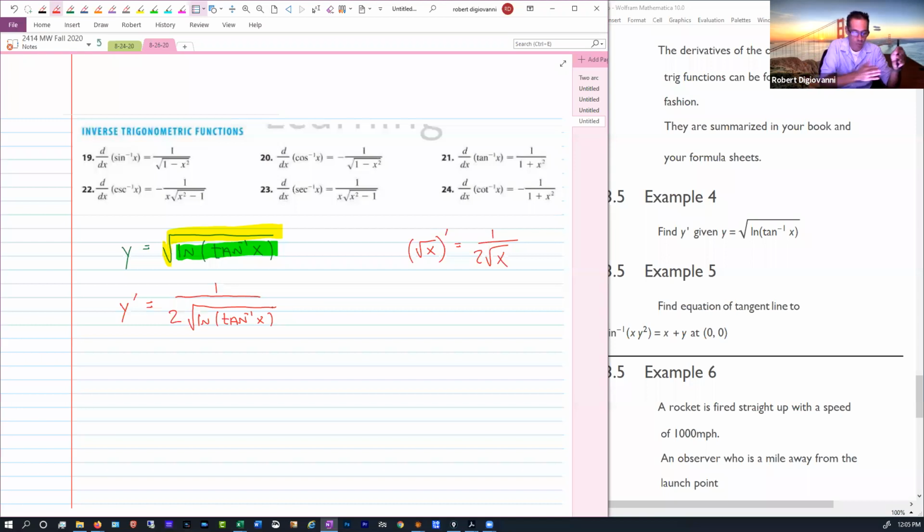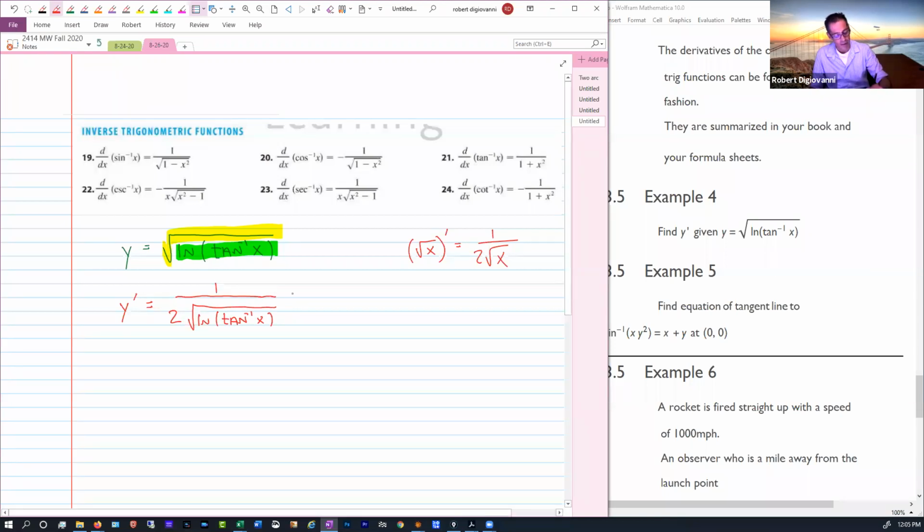You should be able to work through it layer by layer, like I am right here. If you still have to write a bunch of things down, that's okay, but everything is going to go slower for you. So you want to try and speed that up. If you want help on chain rule, come to my office hours and I'll show you a shorter way, or go watch my old videos.